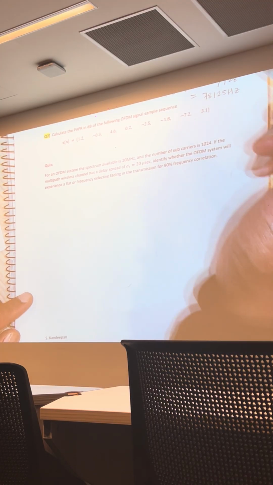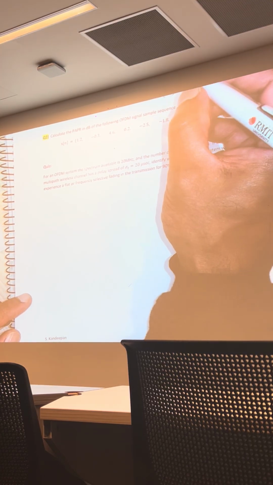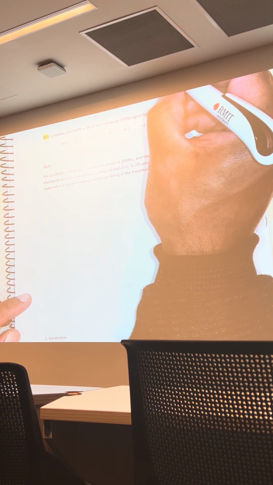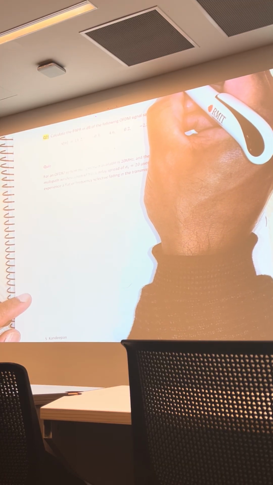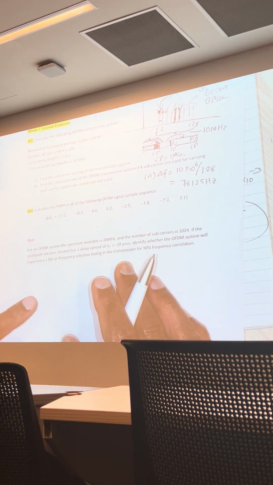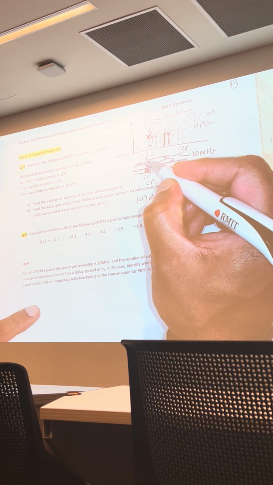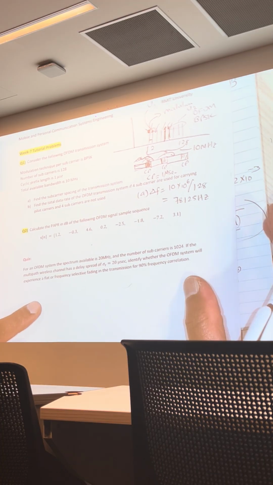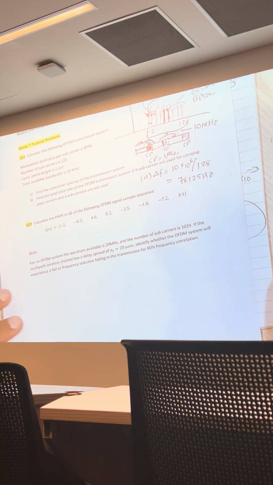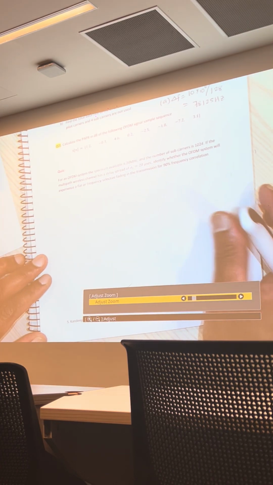Okay. So this is the symbol rate, symbol duration. This is one OFDM symbol, second symbol, third symbol, and so on. So you draw that again.